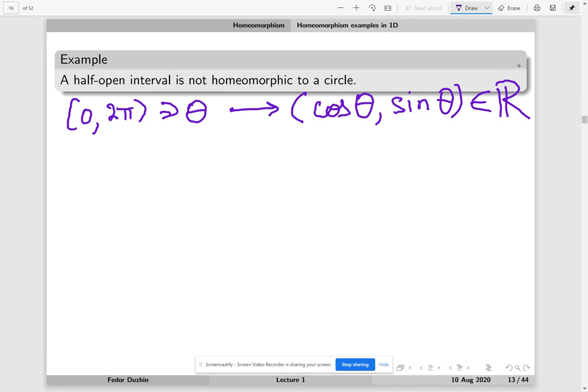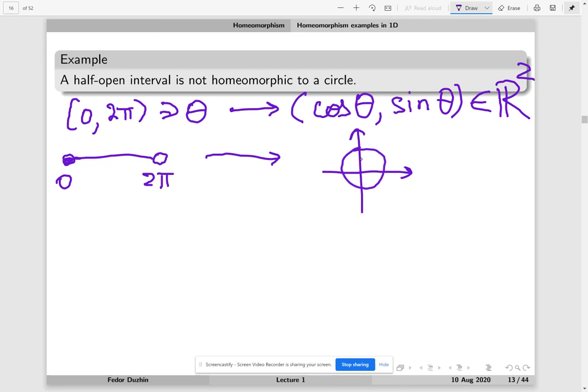So this is a point on the plane. Geometrically, the image of this function is nothing else but our unit circle in the plane xy, because cosine squared plus sine squared is 1.